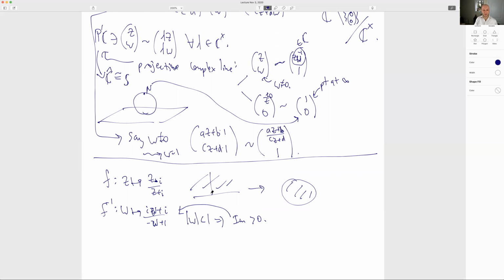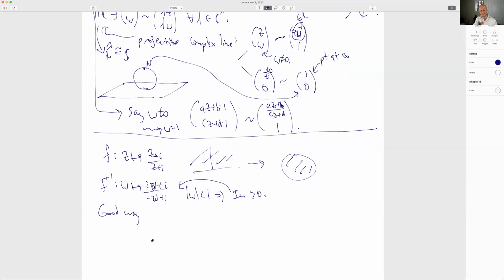What I want to understand is what happens to the boundary. One good way of understanding conformal maps, before things like Mathematica, before computation, where you could just have the computer draw this for you, is to look at what happens on the boundary. So what happens to the point 0?